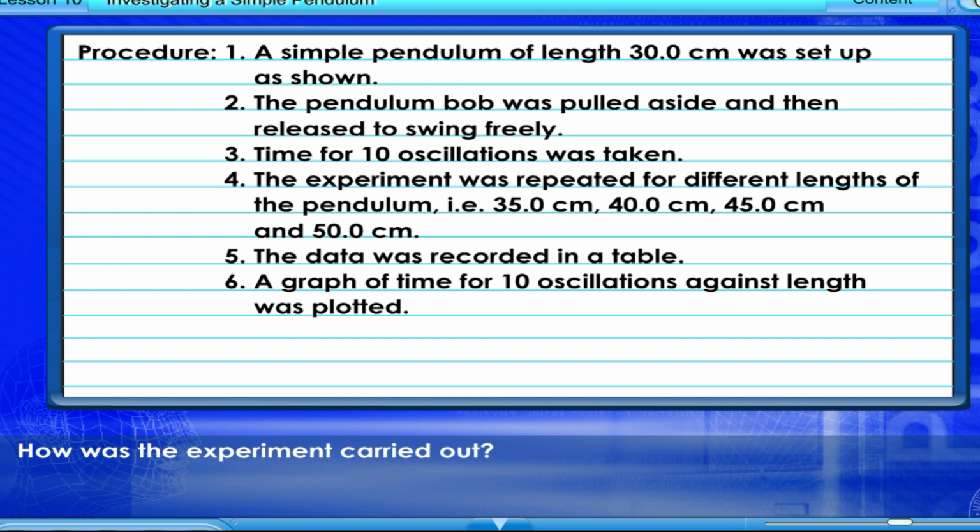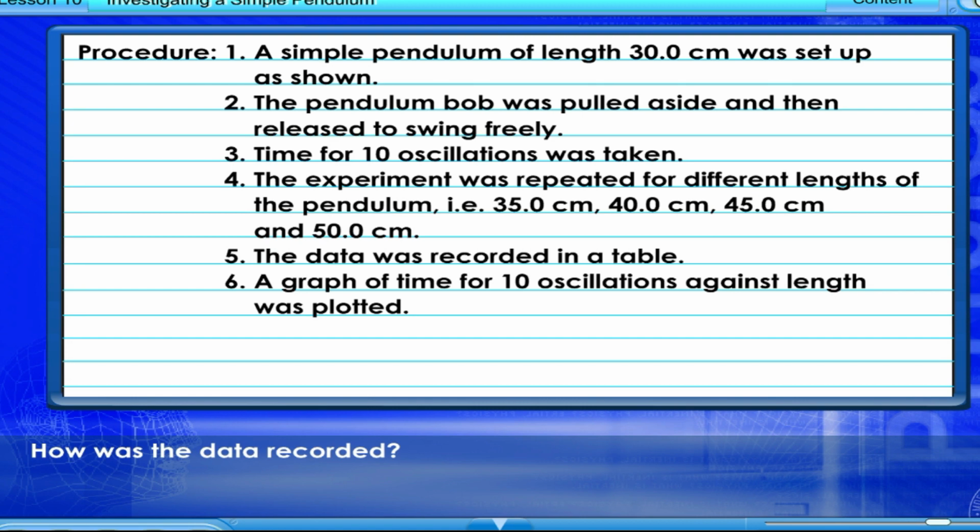The experiment was repeated for different lengths of the pendulum, that is, 35.0 centimeters, 40.0 centimeters, 45.0 centimeters, and 50.0 centimeters. The data was recorded in a table. A graph of time for 10 oscillations against length was plotted.